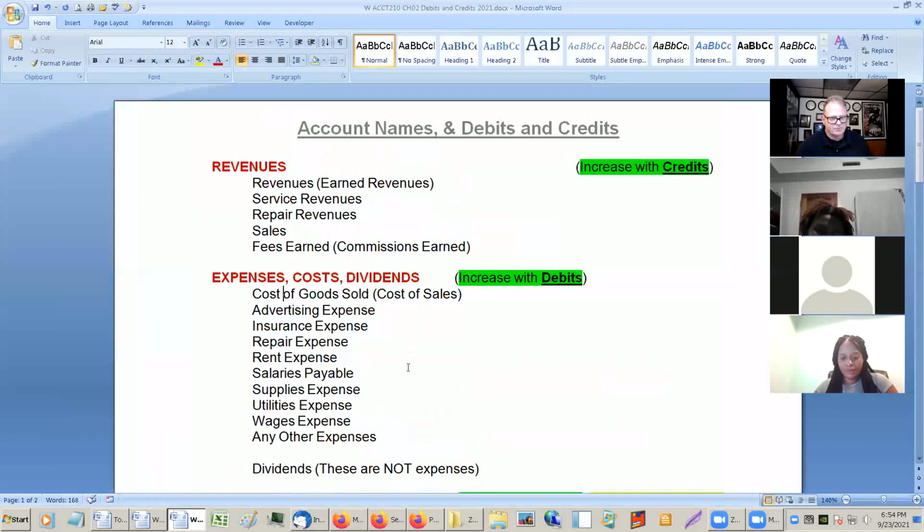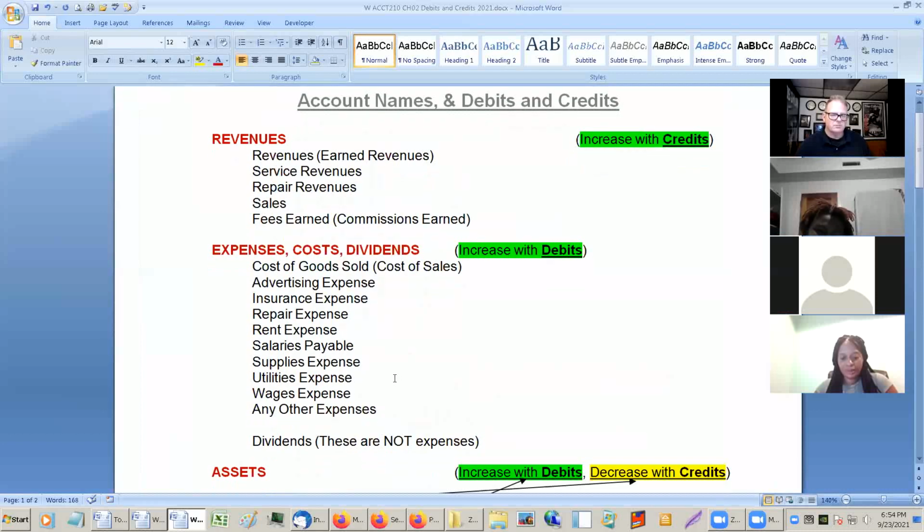Utility expense. Exactly. So you're probably looking at a utility expense. So utility expense is going to be one of them.